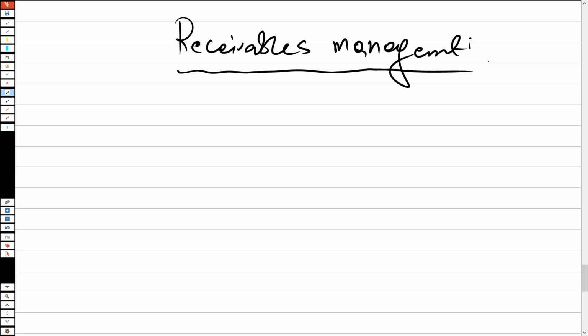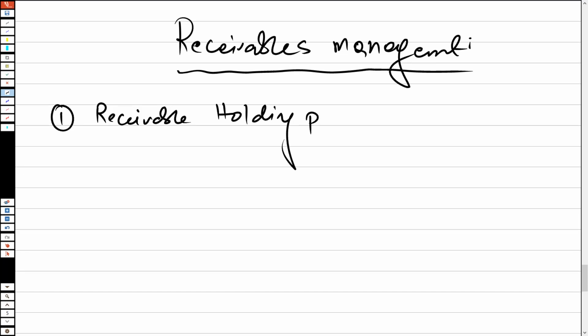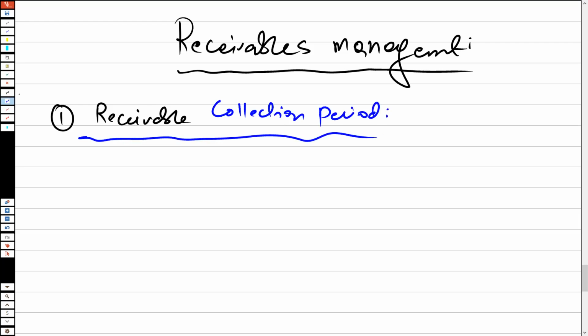Now, when we talk about receivables management, there are a few important things that you should understand. One of them is called the receivable holding period. Sorry, one of them is called the receivable collection period. Now, what exactly is the receivable collection period? Let's discuss it.